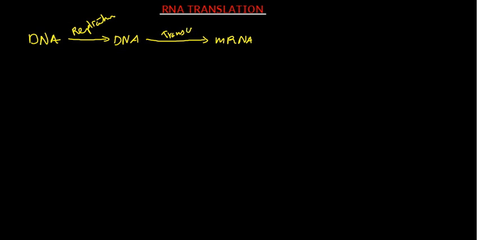Well, now the mRNA has to be converted into proteins, and that is what is called translation. All this put together is what is referred to as the central dogma of biology.